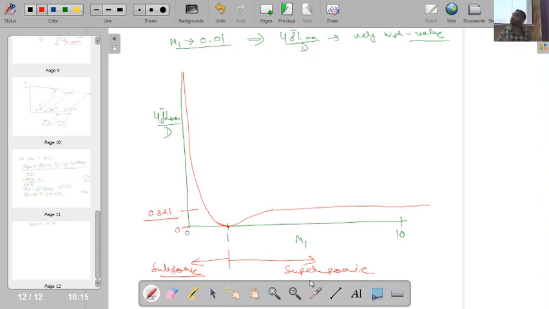So for supersonic flow condition, your 4f bar L max by D will always be from 0 to 0.821. Whereas for subsonic situation, this can go to a very high value, and ultimately it will saturate to 0. Is this one clear?